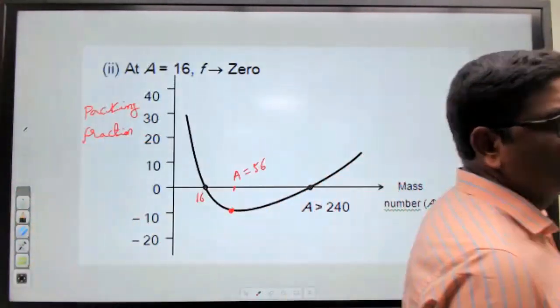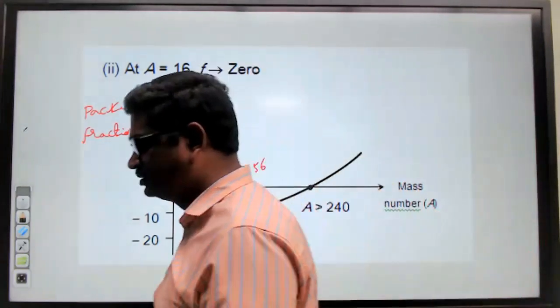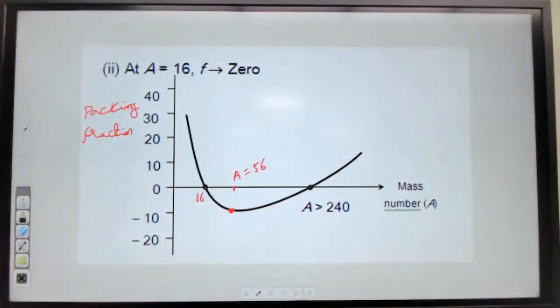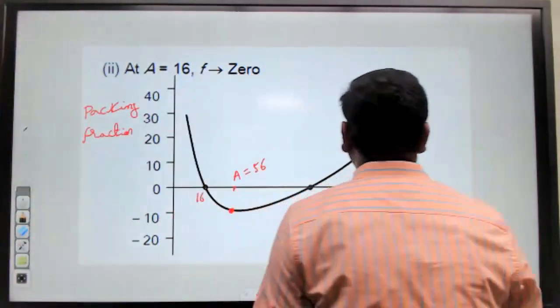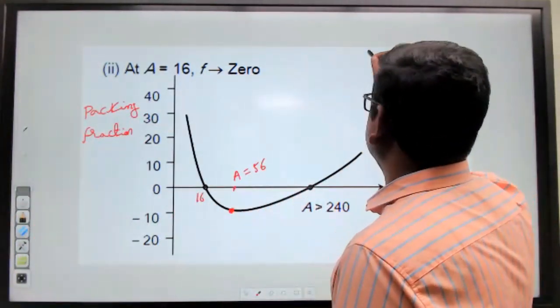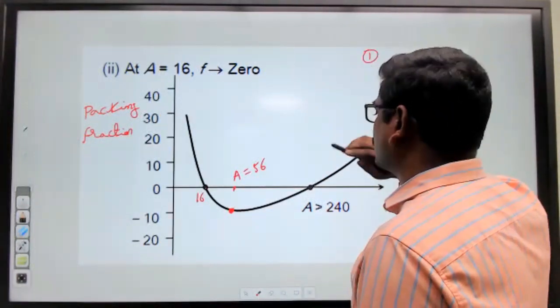Between 16 and 240 stability is more. In the conclusion, ఈ గ్రాఫ్ నుంచి conclusion. What are the conclusions are there? A less than 16 and A greater than 240. Packing fraction is more so that stability is less. That is the first conclusion.